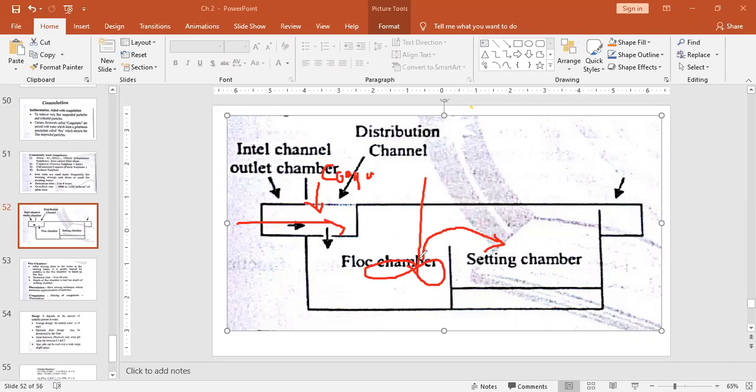And when it is passing from this chamber to this chamber, the agglomeration process will start. The agglomeration and subsequently the sedimentation of particles will start in this chamber, and the very fine particles which would not settle in a plain sedimentation tank will start settling down here in sedimentation with coagulation. Then the clear water can be removed from the top and the settled sludge can be removed from the bottom.